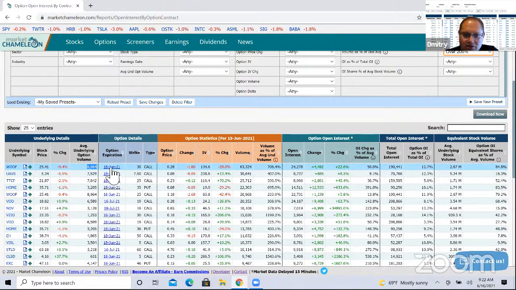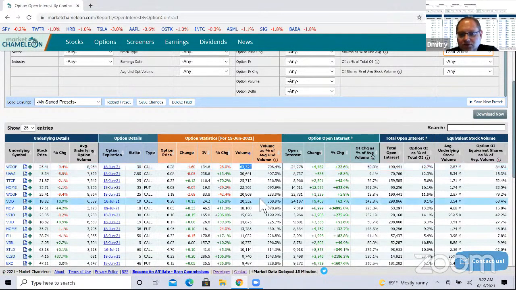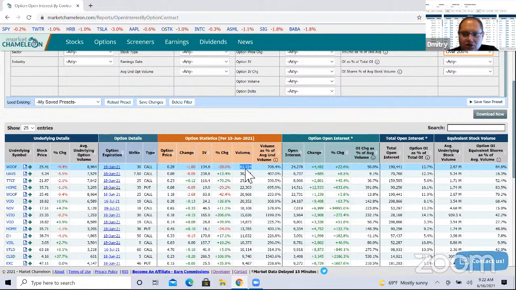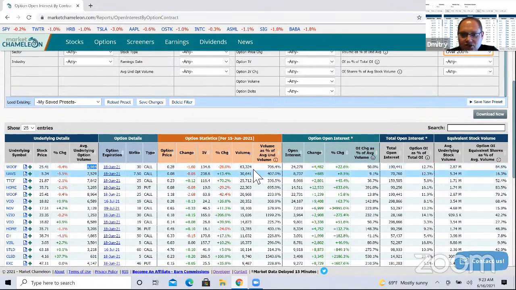So yesterday on the June 30th call, this is expiring this week, the volume in this option contract was 63,324. So just this option alone traded 63,000 contracts. If we compare that on average, WOOF trades 8,964 contracts. So you could see that's 700% higher than the average daily volume.